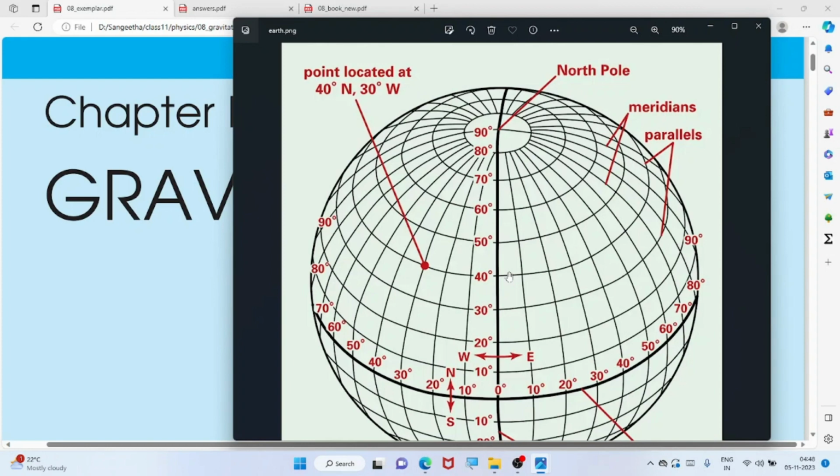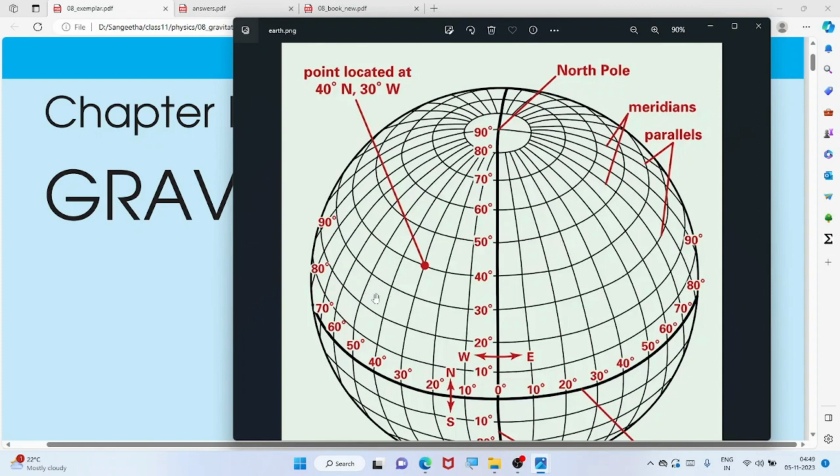Now, what is the equatorial plane and what is the orbital plane? The equatorial plane is nothing but the plane along this equator. The orbital plane varies based on the direction in which the satellite is revolving.